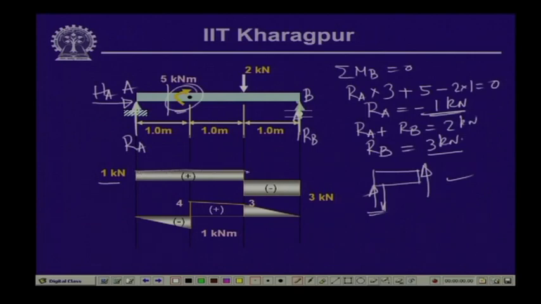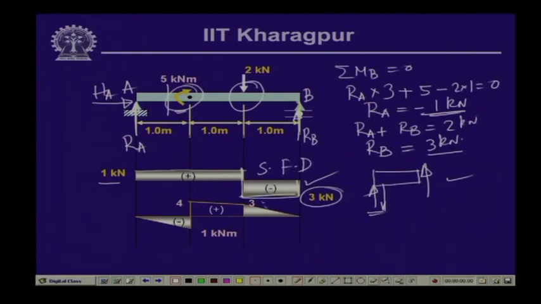So, we have a uniform shear of plus 1 kilonewton. Now, at the load point there is a changeover from plus 1 to minus 3. So, this is a 3 kilonewton load which is acting as shear, and then finally again it is constant over this particular region. This is the shear force diagram.